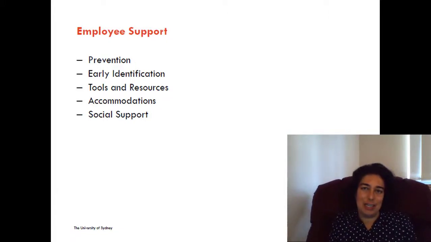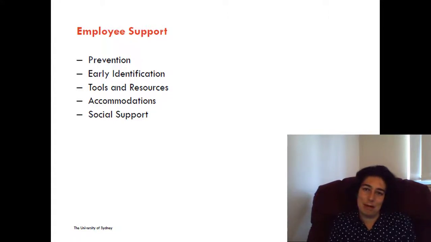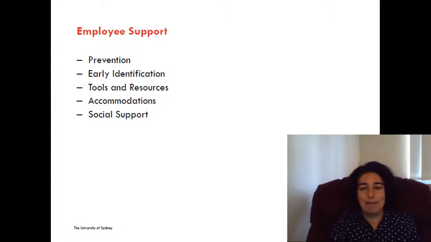Early identification, things like different tools and resources that are available through the disability management program to help with employee support. Accommodations are another means of employee support, and then social support, which I think is a really fun topic given that we are rehabilitation counselors and we'll be talking about that.